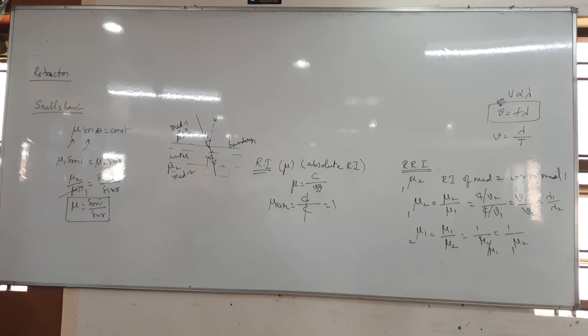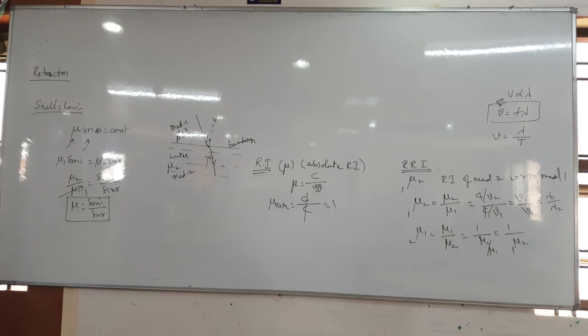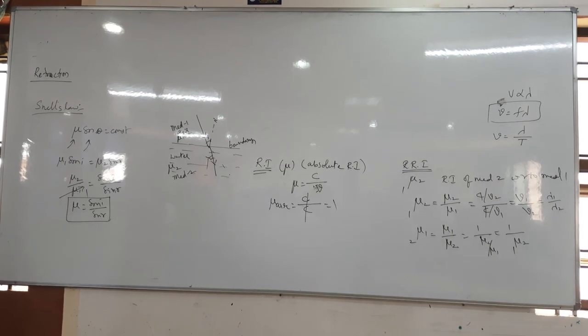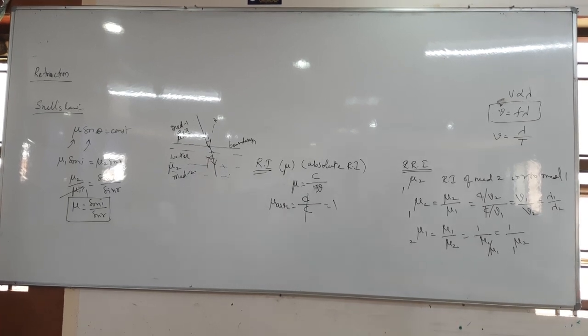Write the formula, mu is equal to C by V. Then mu of the air is equal to 1.